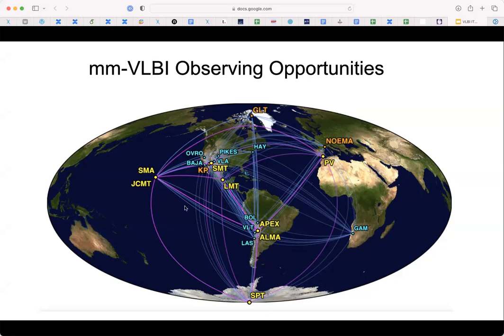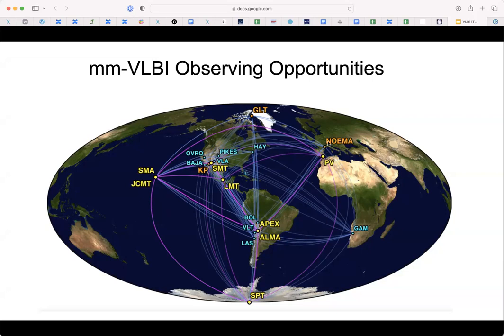The millimeter VLBI observing mode has been growing a lot in the last several years. I really like this slide in particular because it shows not only the first set of antennas that were used in past millimeter VLBI observations, but also new ones that have been added more recently. For example, the Greenland Telescope is still being commissioned, but it's already observing.